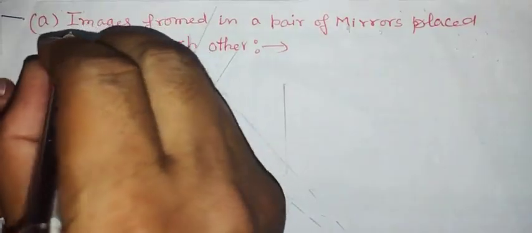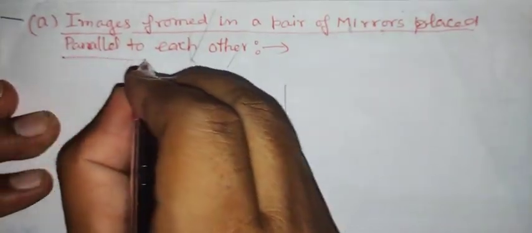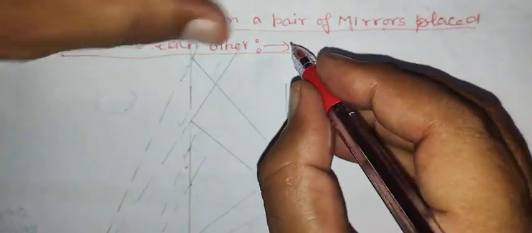First case we are going to look at is images formed by a pair of mirrors placed parallel to each other. So see carefully how we will take.